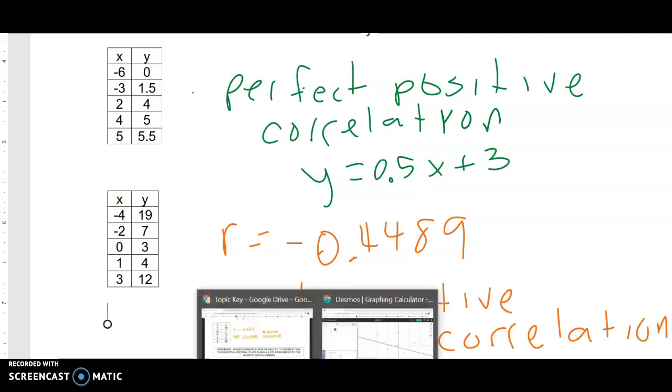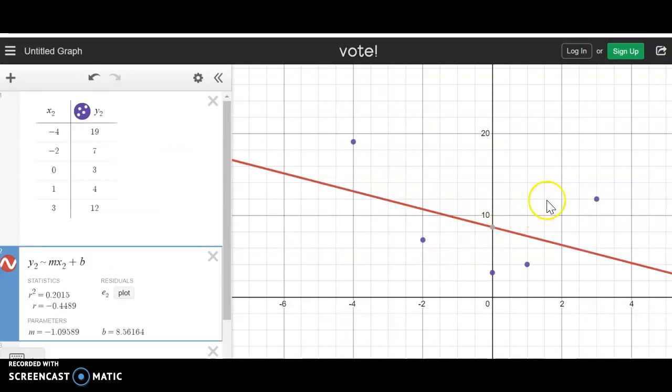And you can tell that it is a weak negative because there's a lot of gap between the line of best fit and the data set.